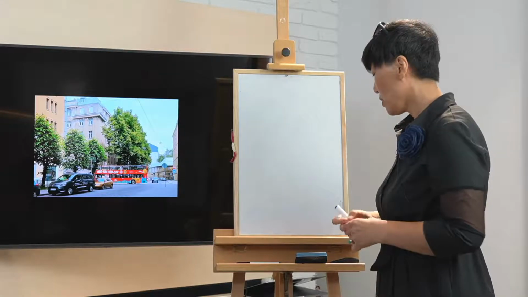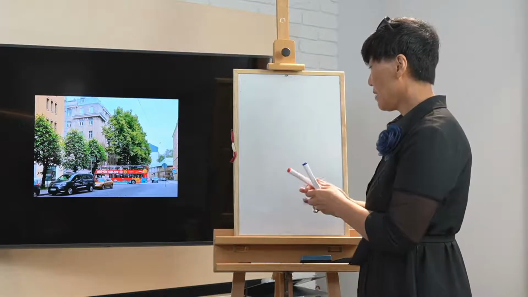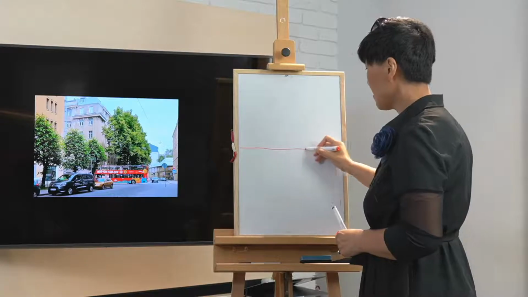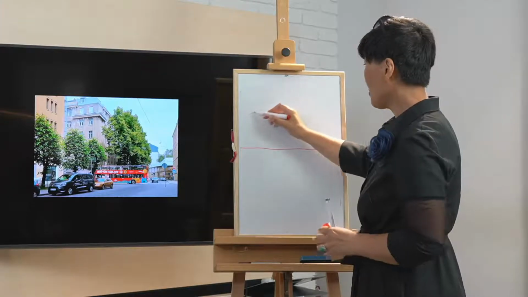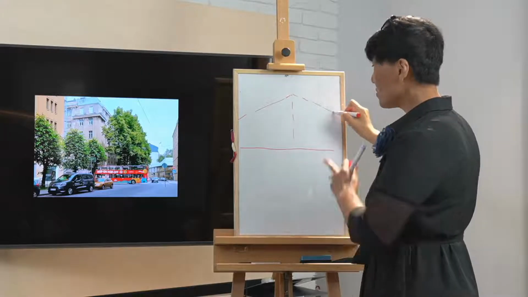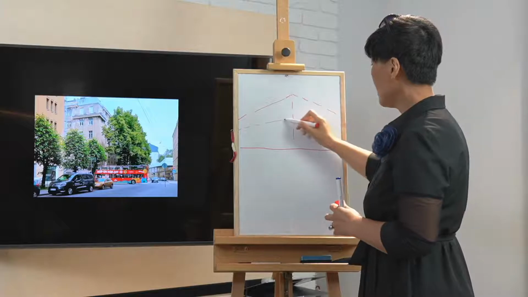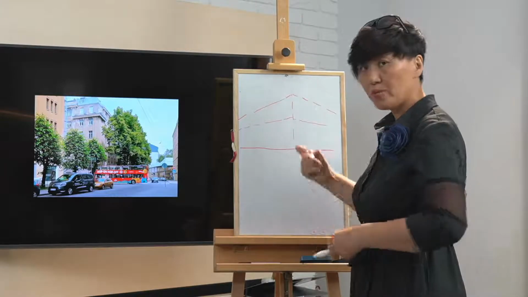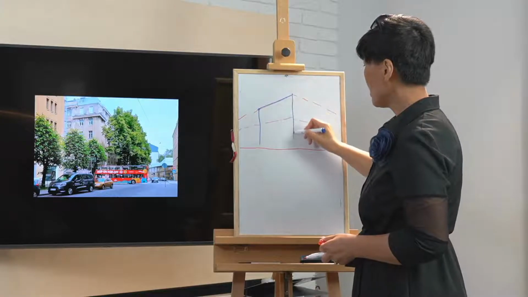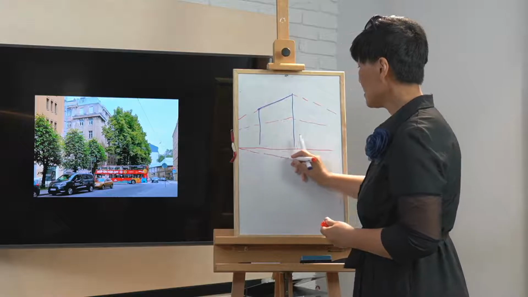For example, if we want to draw a street, you can make some help lines. See, you use a pencil to make these help lines, and use the real pen to mark the location of the buildings. In this case, it will be easy.